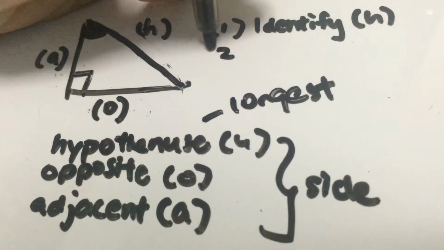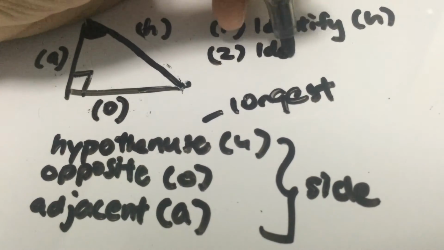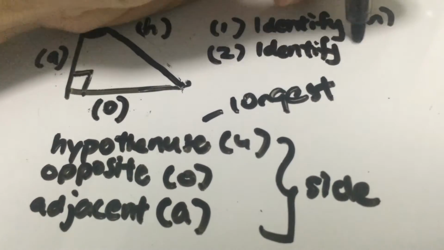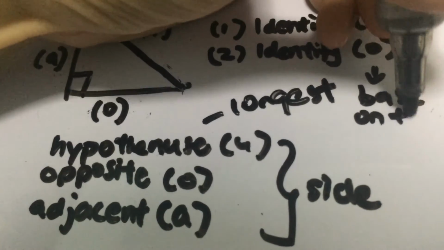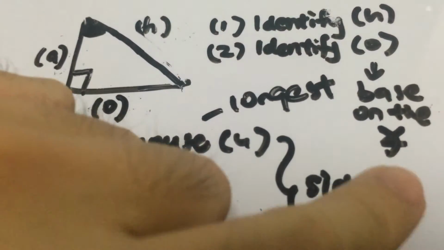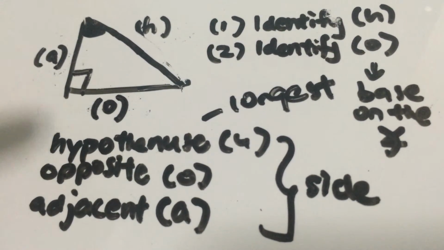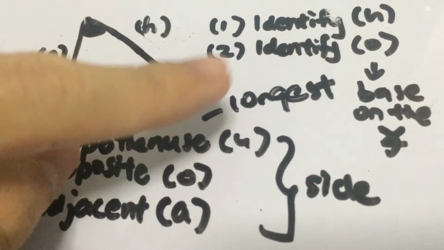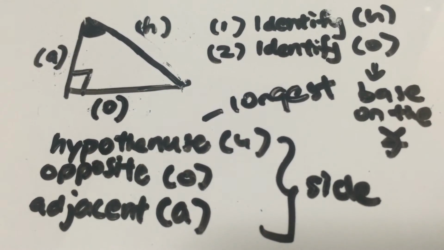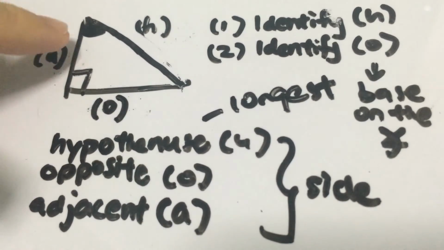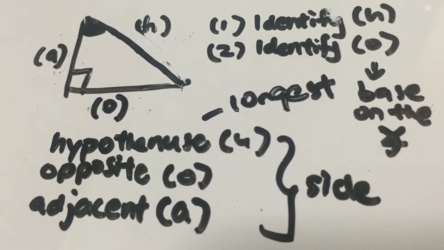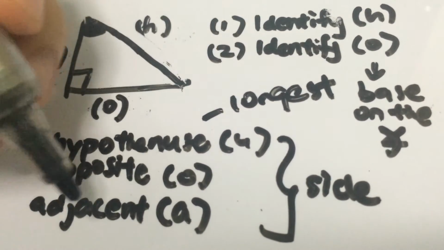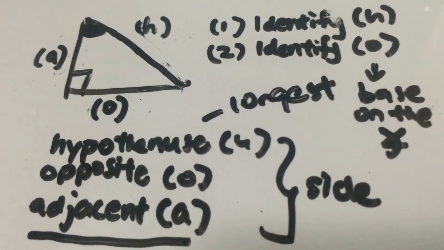Next we identify the opposite side, which is based on the angle. Let's say the angle is here, then this will be the opposite side. And finally you identify your adjacent side.